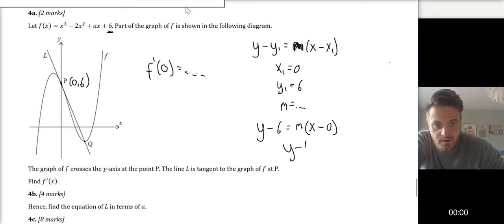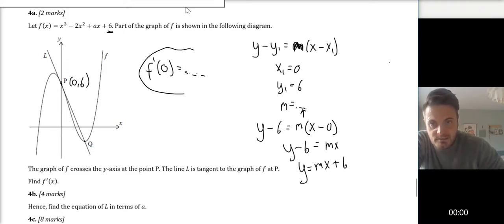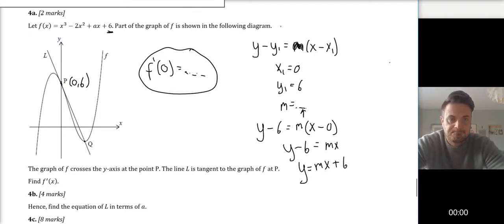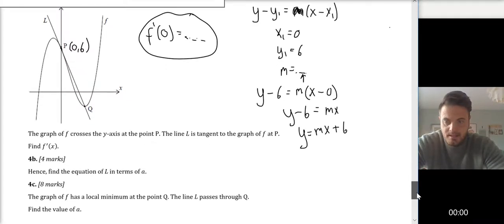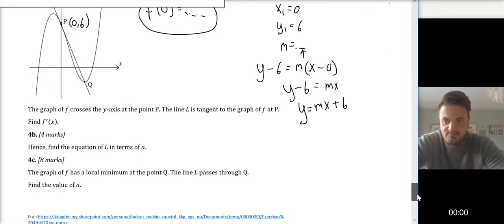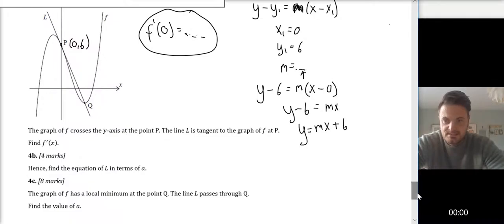So you get y minus 6 is equal to m times x, and you just put 6 over, and you get mx plus 6. Of course, m here is a number which you calculate by calculating this. So then you have the equation of the tangent line.